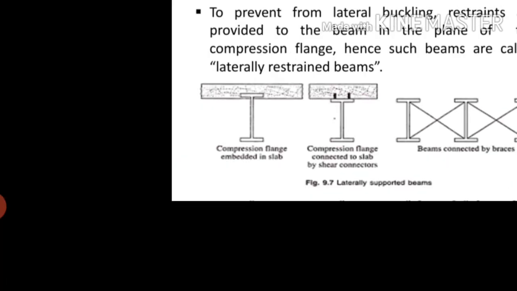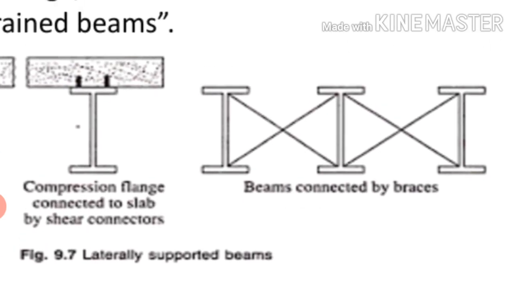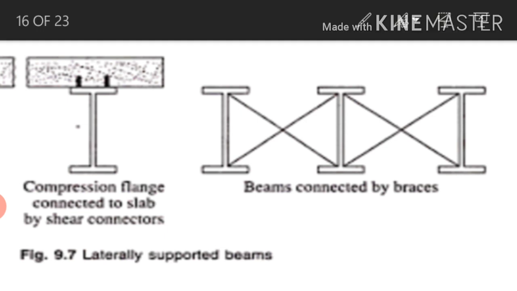Then another way of preventing lateral buckling is if beams are connected by braces like this. If bracings are used between the beams like this, lateral buckling can be prevented. So these are some means of preventing lateral buckling.